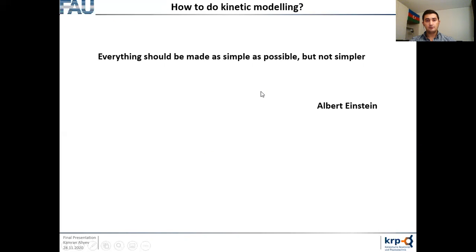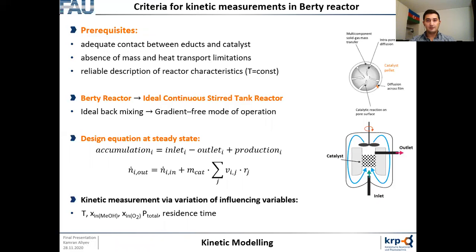In the next slides, I will briefly describe the stages of the kinetic modeling. I could define the major principle of kinetic modeling with the famous statement of Albert Einstein: everything should be made as simple as possible, but not simpler. So the first stage of kinetic modeling is, of course, the collection of kinetic data.